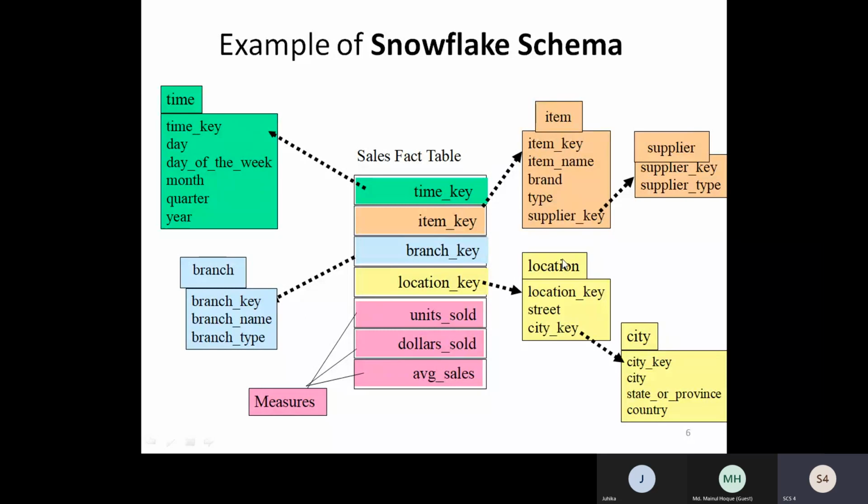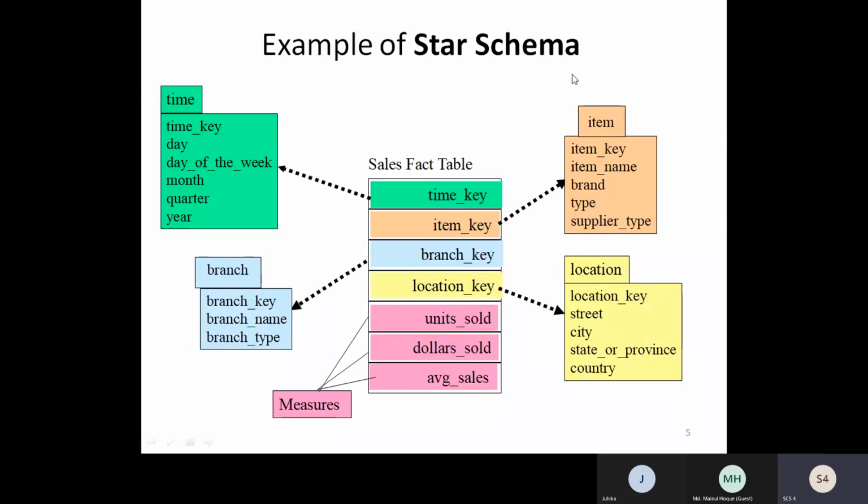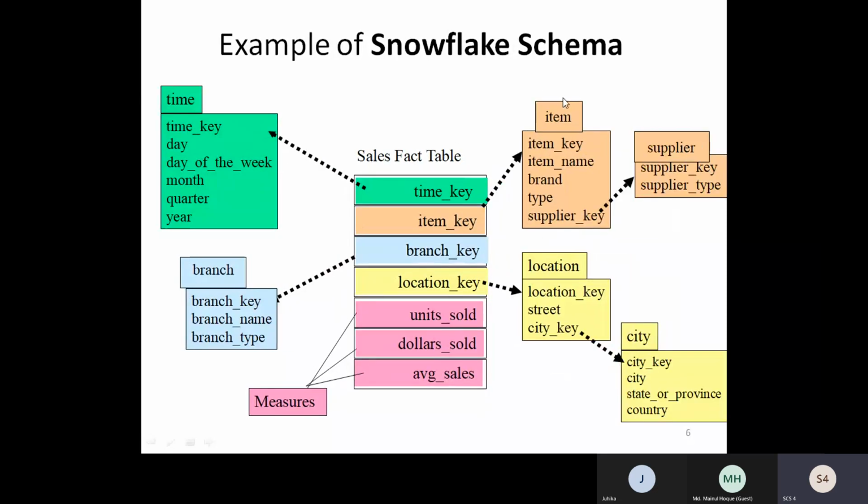If I compare these two schemas, star schema and snowflake schema, of course, with the help of snowflake schema we may have more accurate analysis of this data, but still, this is not frequently used. Can you tell me why? Because the number of relations is more and it is difficult to handle the number of tables as it increases.